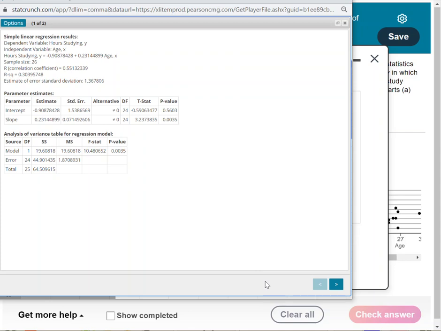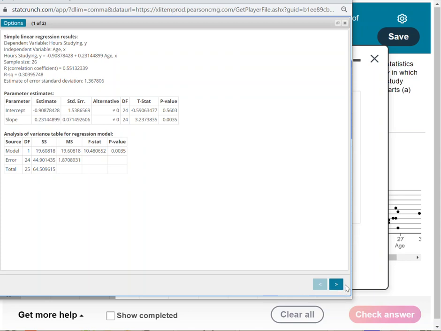While we're in here, we might as well write down the equation of the regression line. So we've got y equals 0.231x minus 0.909 if we round to 3 decimal places.